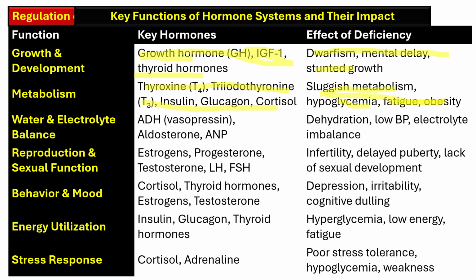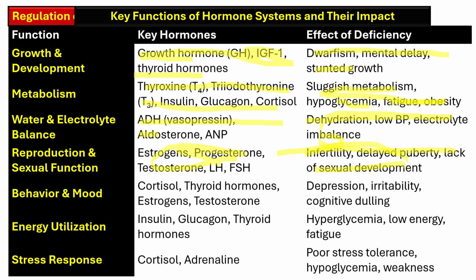Water and electrolyte balance is dependent on ADH, aldosterone, and atrial natriuretic peptide, and the dysfunction will result in dehydration, low blood pressure, and electrolyte imbalance. Estrogen, progesterone, testosterone, luteinizing hormone, and FSH control reproduction and sexual function, and their imbalance will result in infertility, delayed puberty, and lack of sexual development.